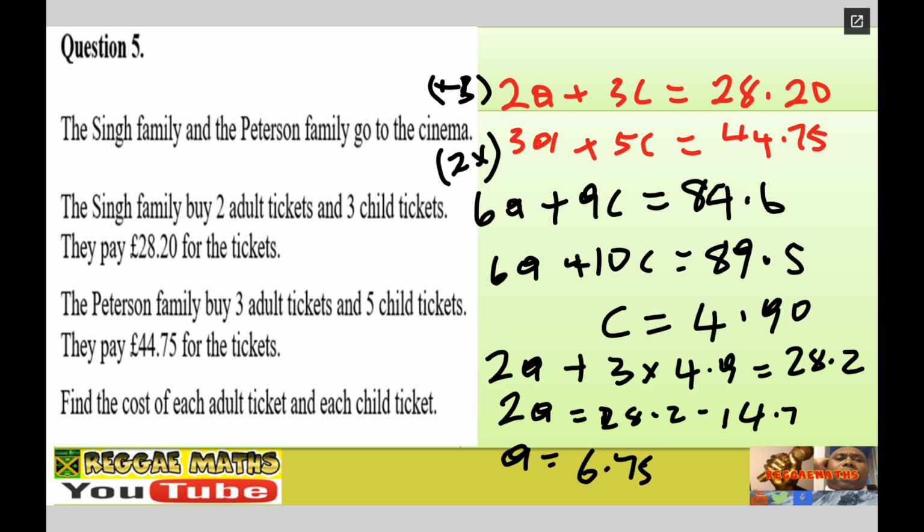So C equals £4.90. So adult is £6.75, child is £4.90.